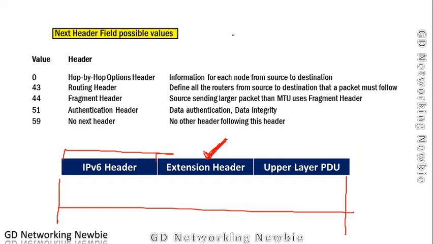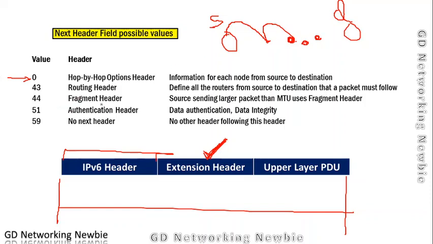For example, we have this source and this destination, and there may be multiple nodes in between them. This extension header gives information for each node between source and destination. It means a node has to do something, but for each node there will be some information.